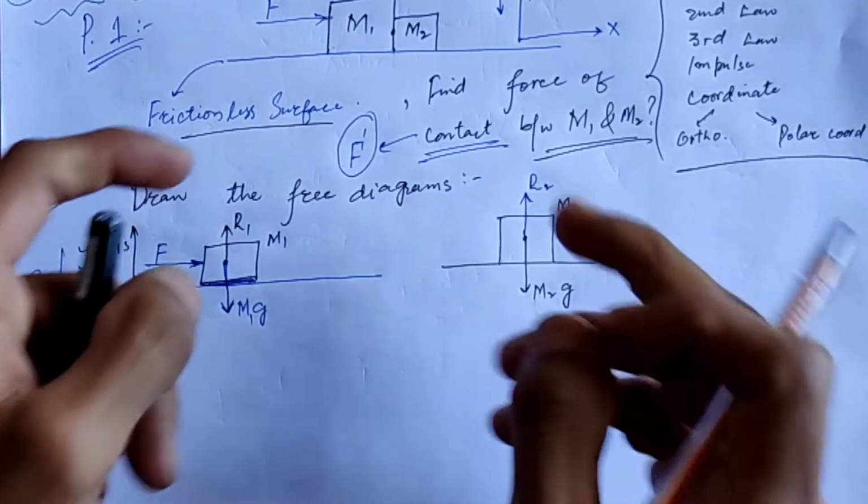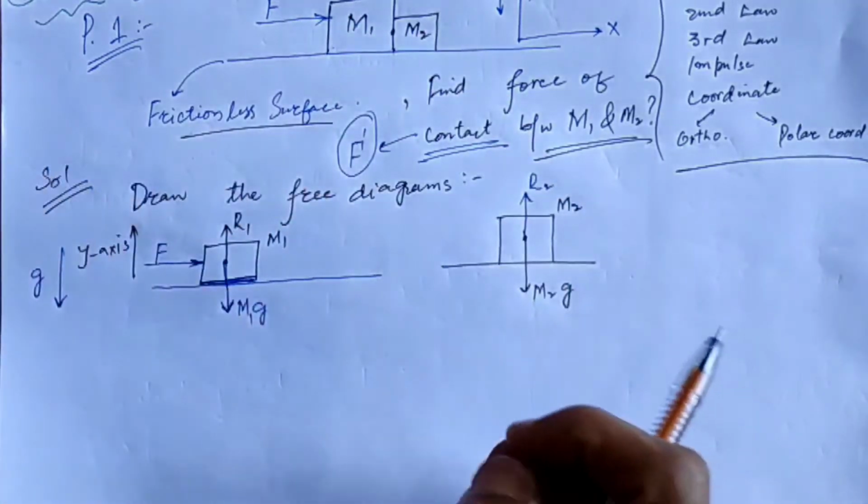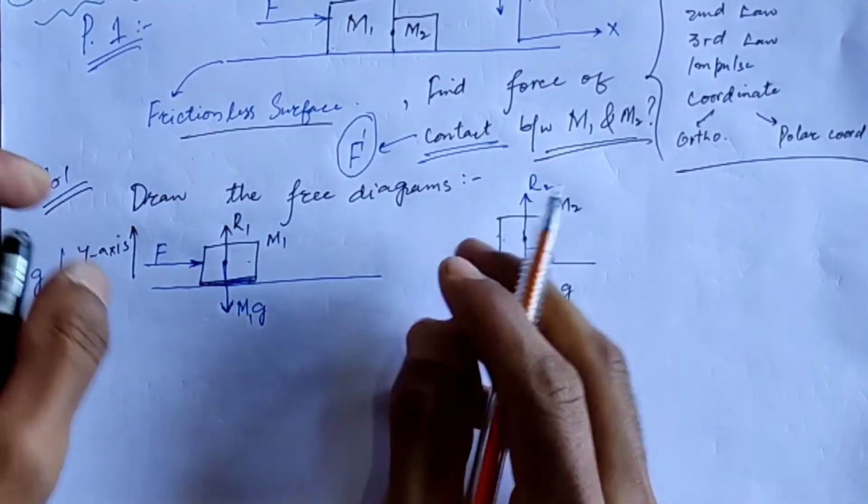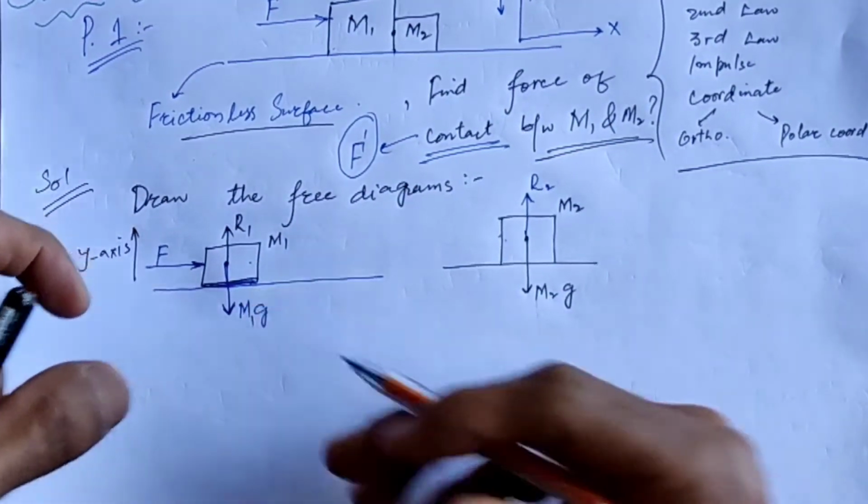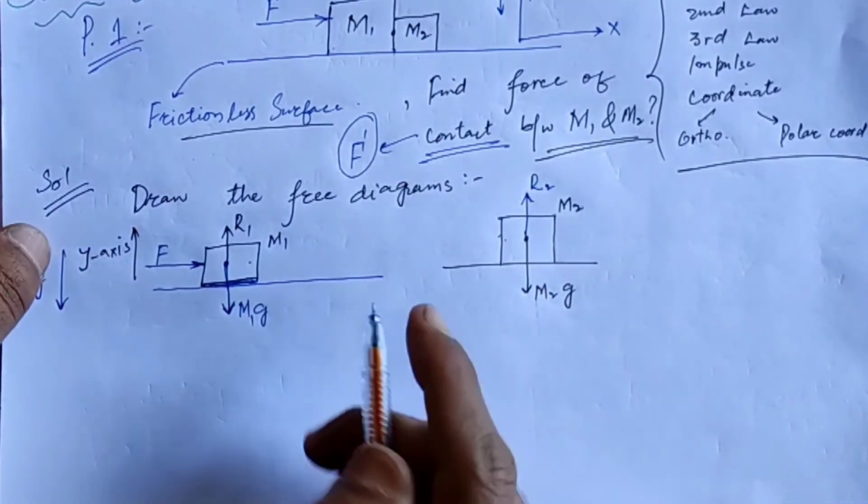Now there is another force. Since these two bodies, m1 and m2, are in contact with each other, there must be some normal force acting between them also.